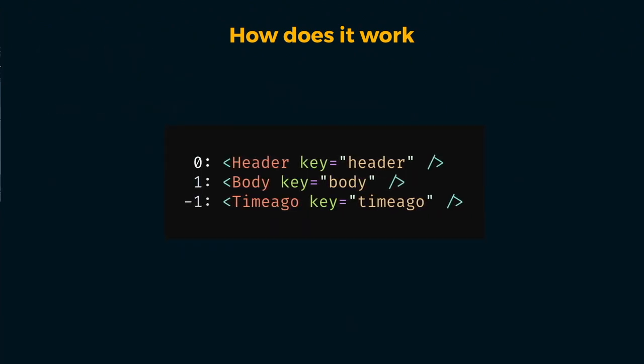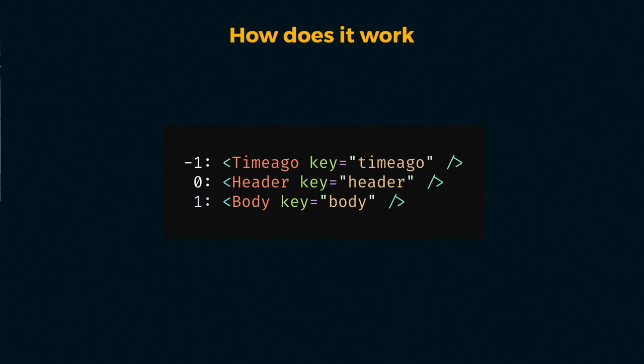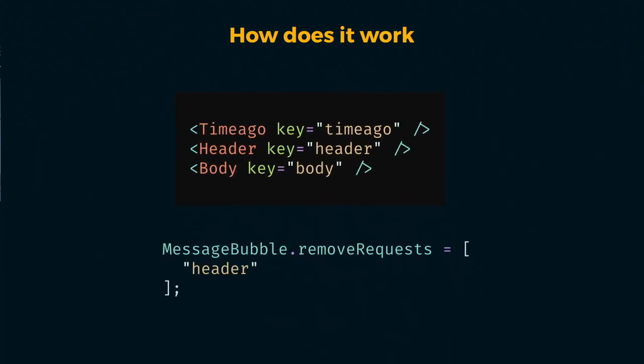Then I'll look at the sort order. What was the sort order which I had inserted with? By default, I have my default sort order for my existing children. And this is -1. Then I will sort it the way it's supposed to be. Fine, I have my children. Then I look at my remove request. Every time you do a .remove on any key you want to remove, it stores it in a different array with all the keys of what has to be removed.